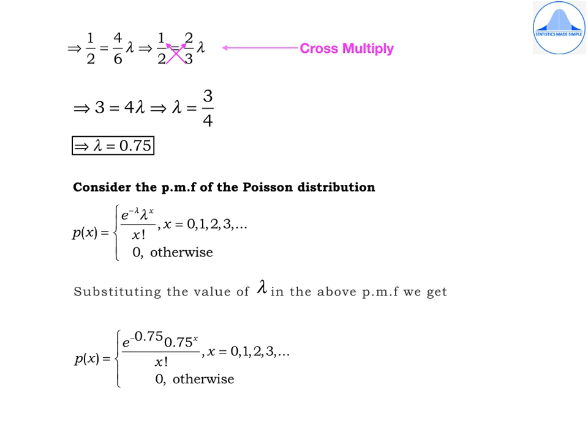So you will get the p.m.f as p of x equal to, open the flower bracket. In the first row, you will have e to the power minus 0.75, 0.75 to the power x divided by x factorial, and x takes the value 0, 1, 2, 3, and so on. And in the second row, you write 0 otherwise.